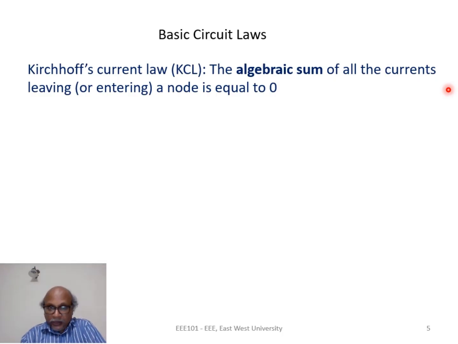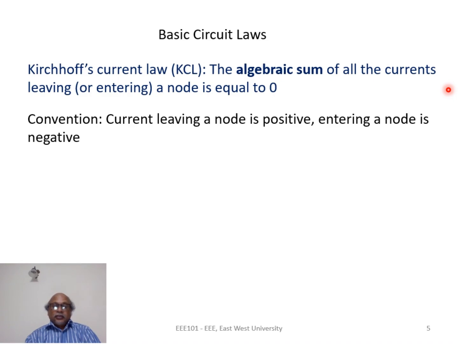Some currents may be positive, some currents may be negative. Now, how do I understand when a current is positive or negative? To understand that, we will follow a convention. At a node, there are two possible directions for a current. The current may be entering the node, or the current may be leaving the node. It doesn't matter which one you consider positive, but once you consider one positive, the other has to be treated as negative.